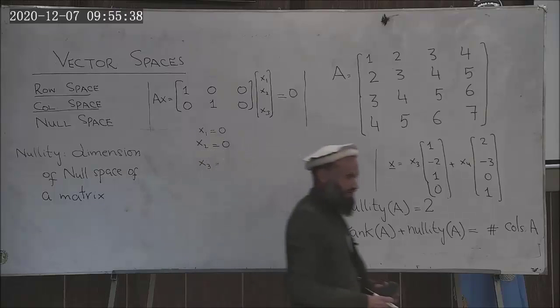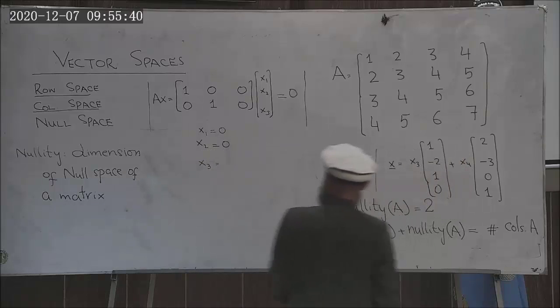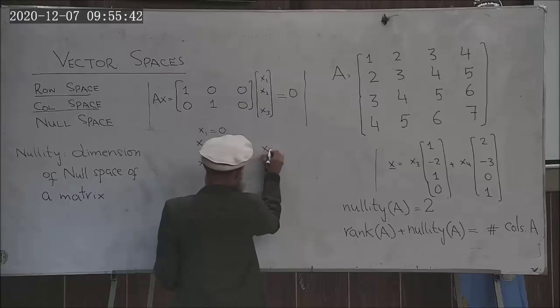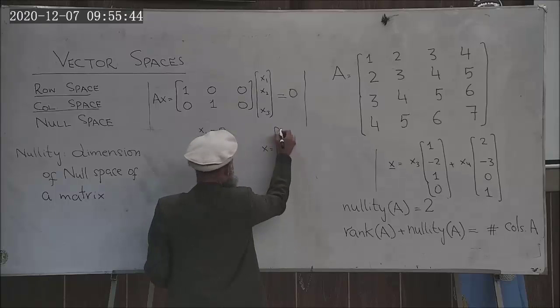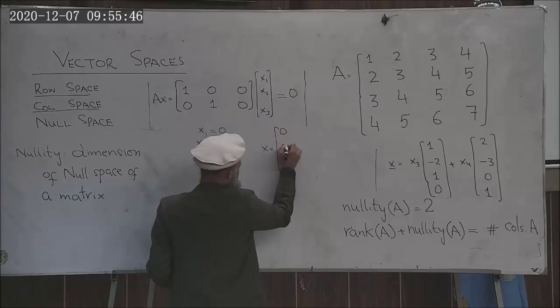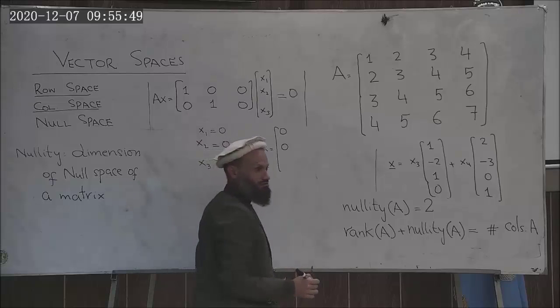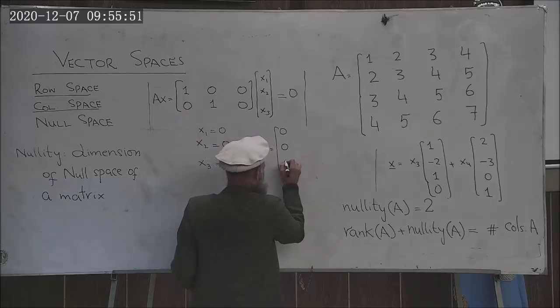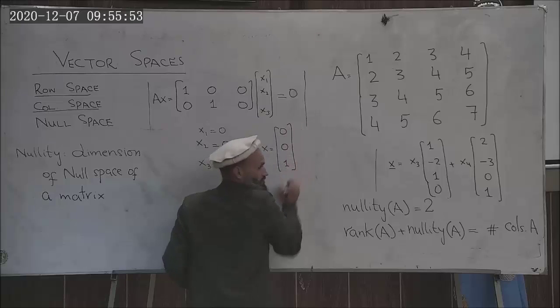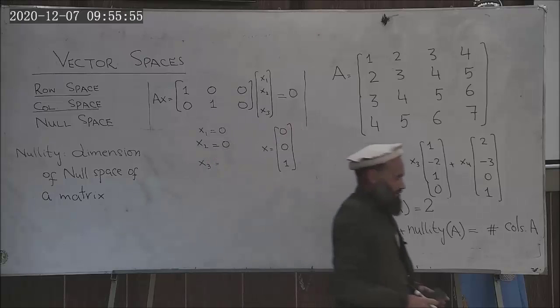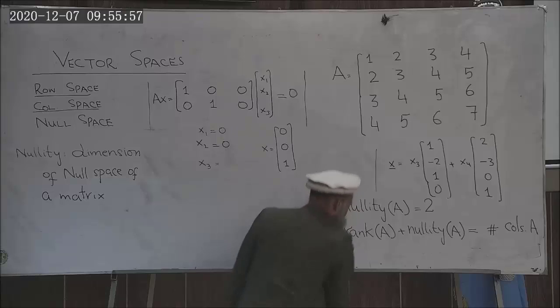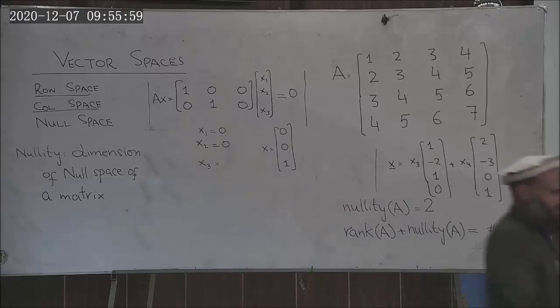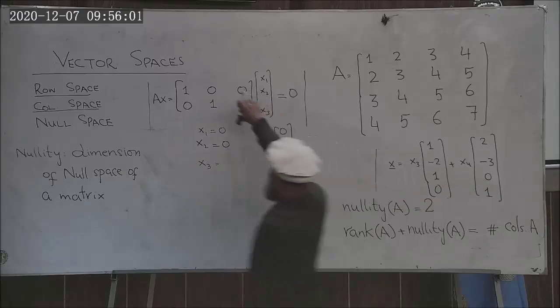Can you find a linearly independent solution? x1 is 0, x2 is 0. What is x3? Arbitrary. Let's take it to be equal to 1. So what is the dimension of the null space of this matrix?